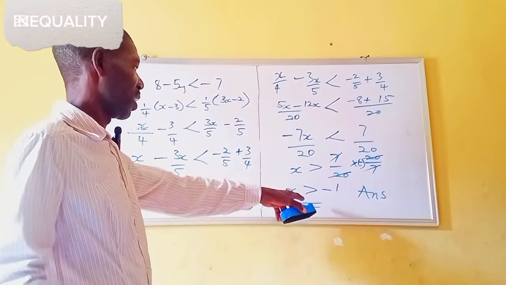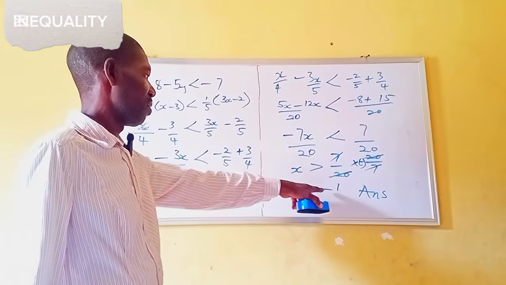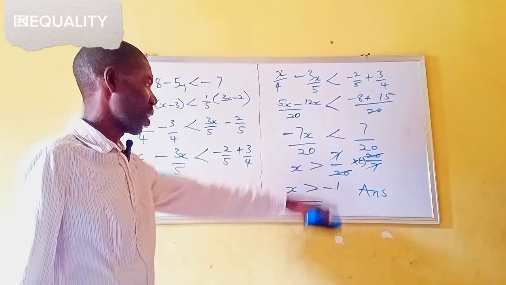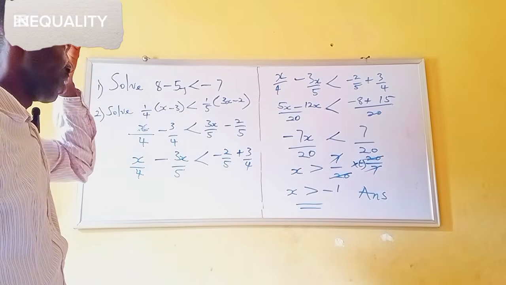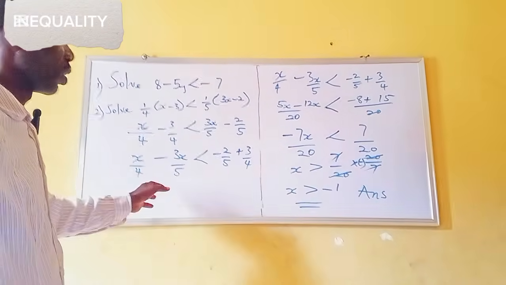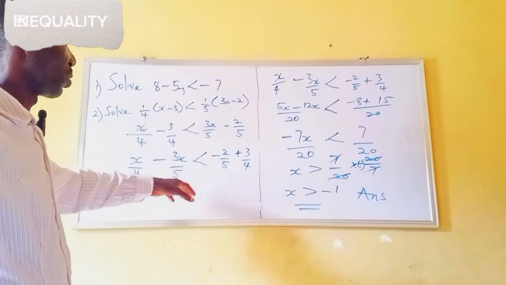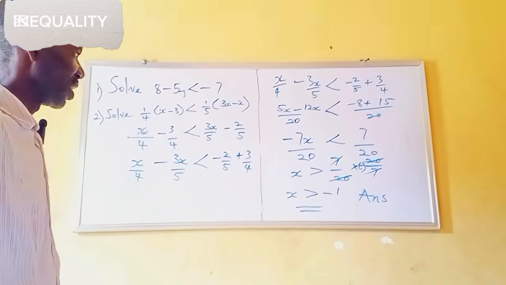What this implies is that the values of x are greater than minus 1. So this is our final answer. This is the trick to solving inequality questions that has to do with dividing with a negative number.